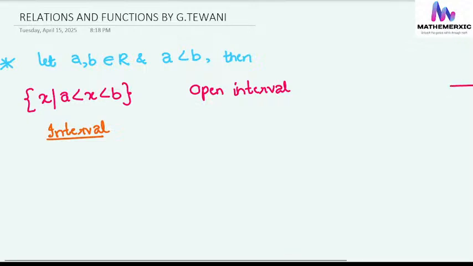There will be a line from here, again a line from this side, but it is not connected, right?